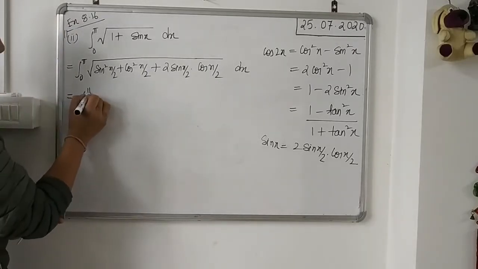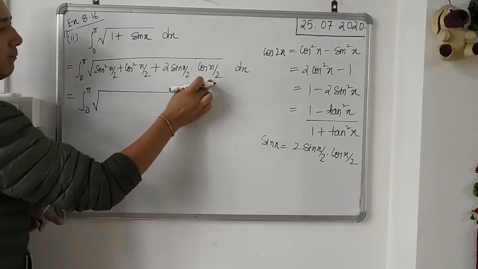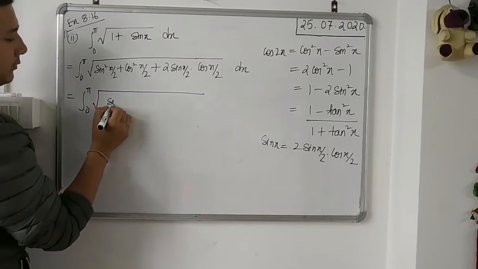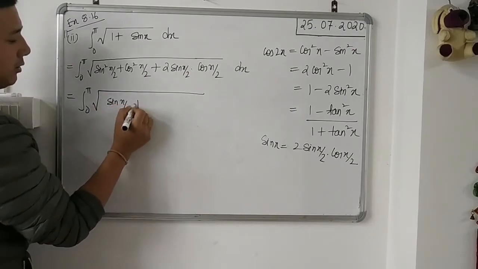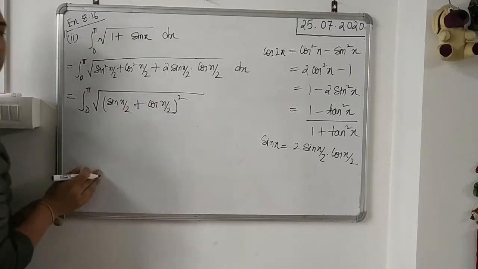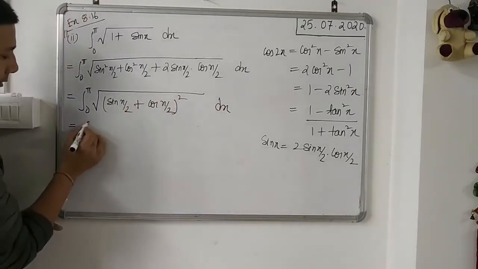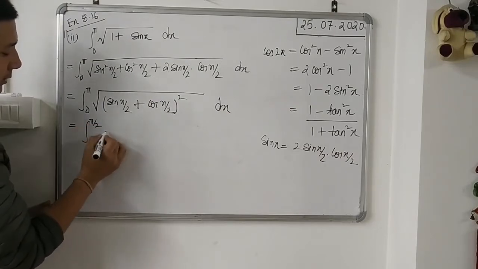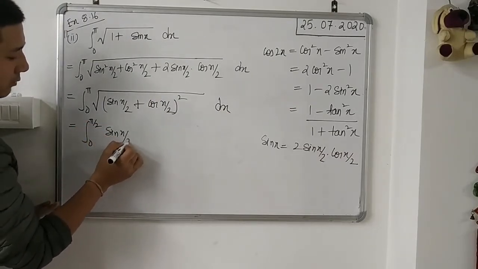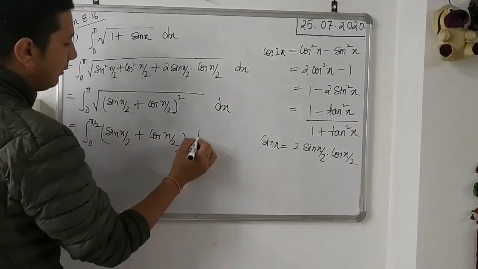So 0 to pi, a square plus 2ab plus b square, so sine x by 2 plus cos x by 2 whole square, dx. The square gets cancelled out. So 0 to pi, sine x by 2 plus cos x by 2, into dx.